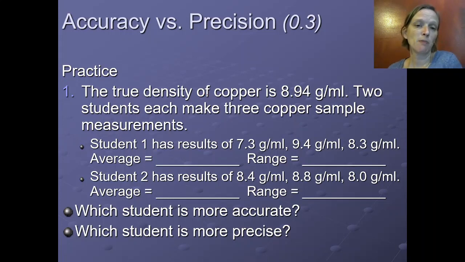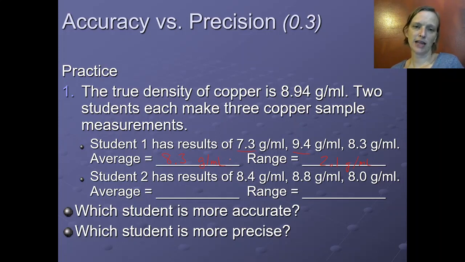So there are a couple of statistics we can look at to decide. We can look at the average. So if you average 7.3, 9.4, and 8.3, you will get an average of 8.3 grams per milliliter. And the range of measurements is the distance between the smallest reading and the largest reading, and that difference is 2.1 grams per milliliter.